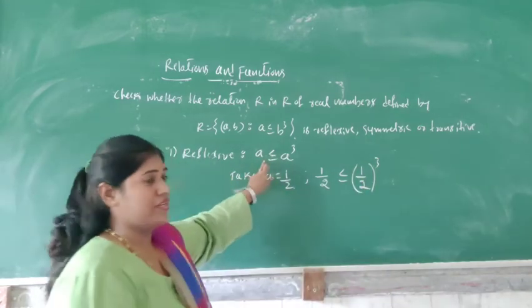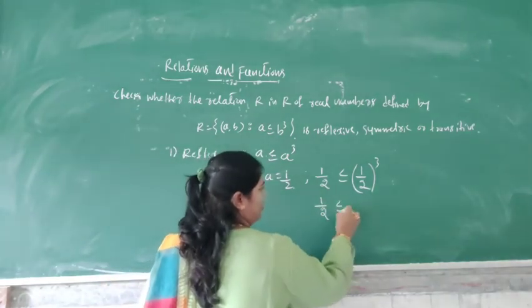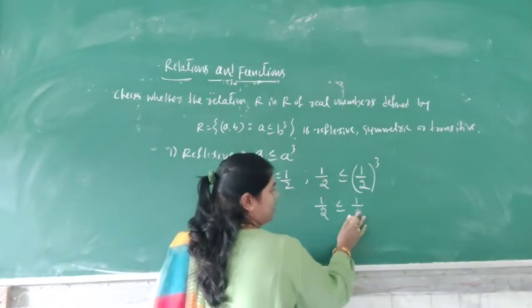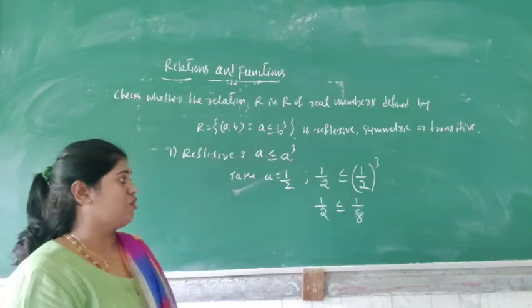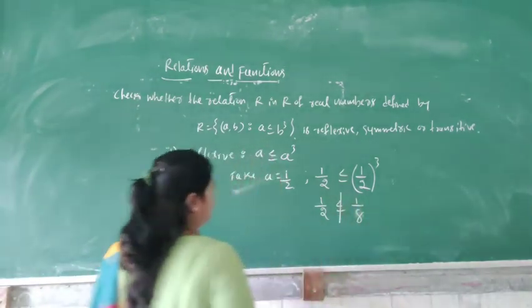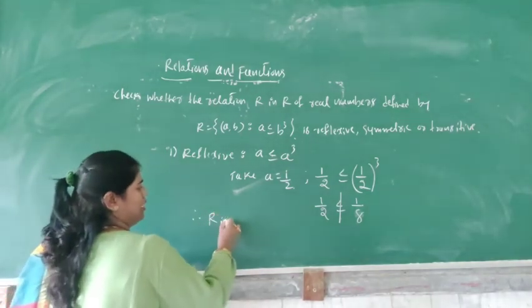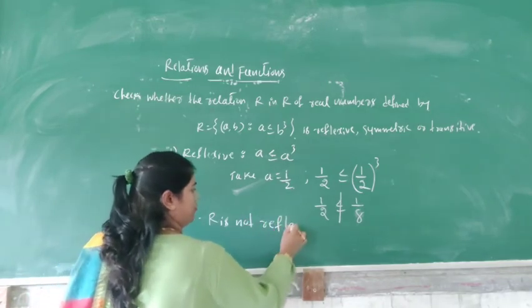Is it? 1 cubed is 1, 2 cubed is 8. Is 1 by 2 less than or equal to 1 by 8? No, this condition does not satisfy. Therefore, R is not reflexive.